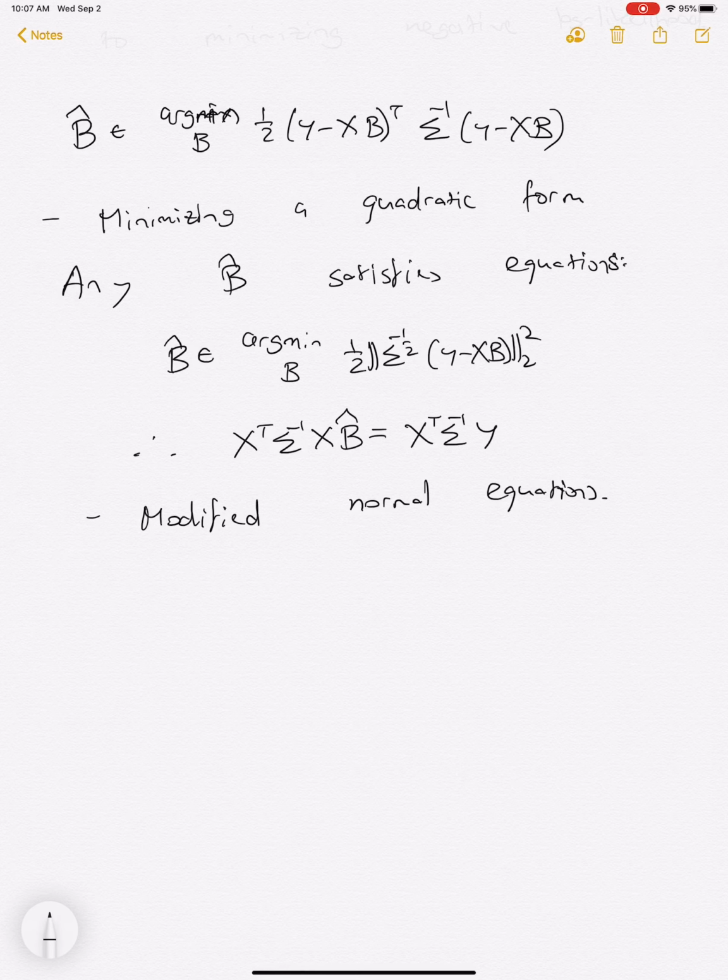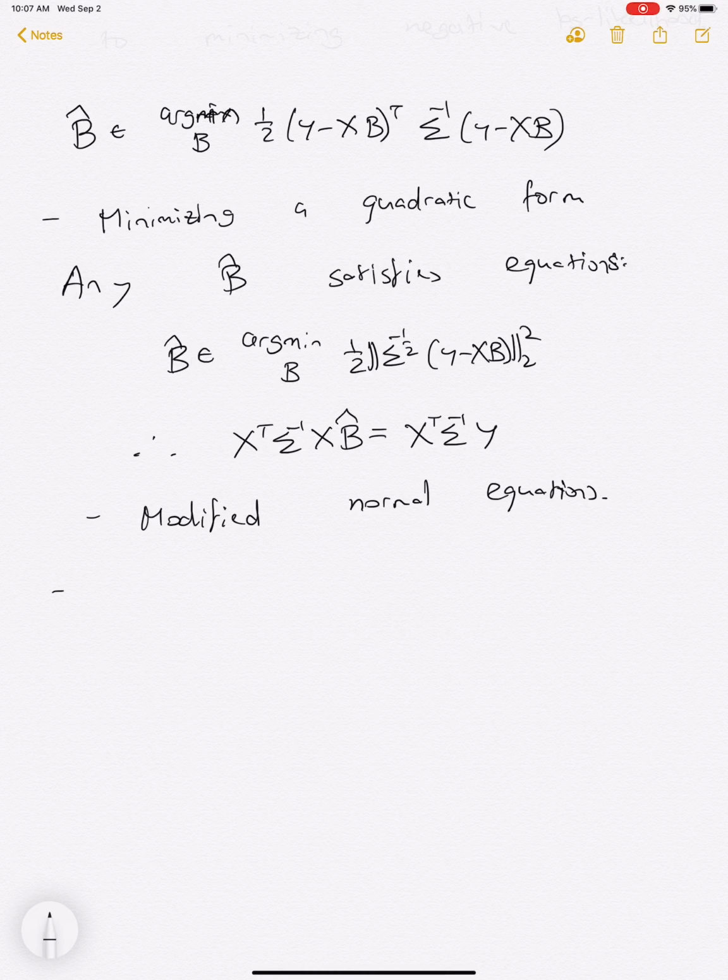These are modified normal equations. This looks a little bit like the least squares, but because of this covariance sigma, we have something that is a little bit different. Now what happens? We can actually show that the least squares can be a special case of this.